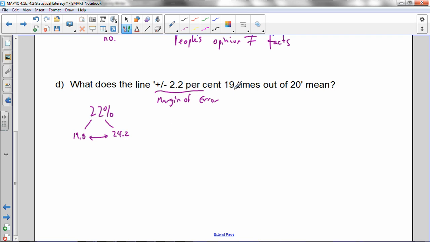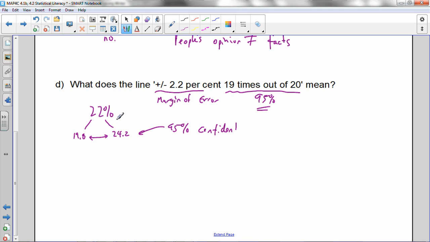Well, no. If they did 20 samples, one time out of 20, they might get a percent that's out of there. So they're not 100% sure. They're only 19 times out of 20. This is a 95% confidence interval. So they're 95% confident that the actual value is in this range.